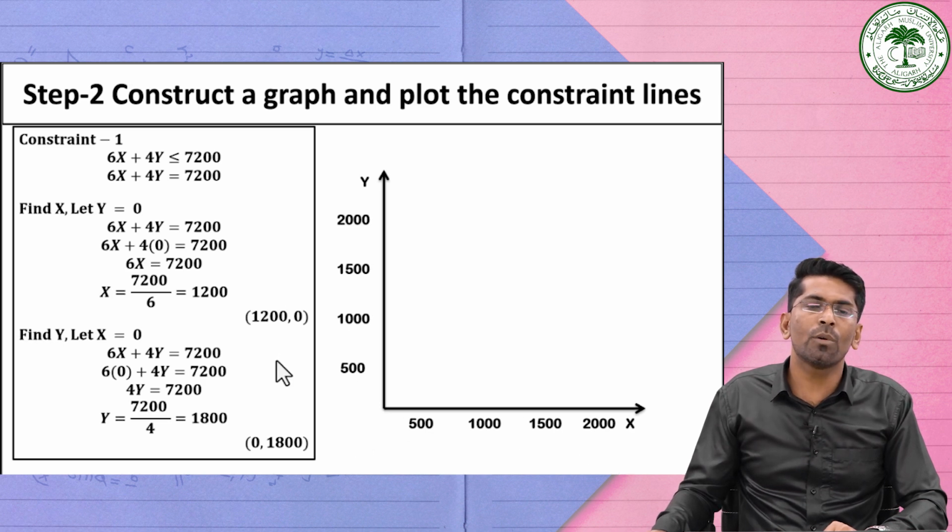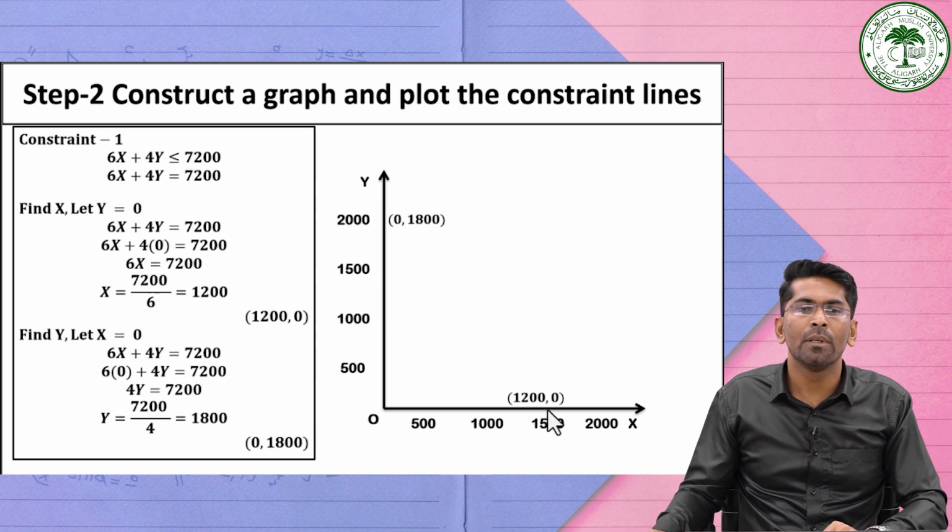Now by using these coordinate points, first we consider the point 1200 and 0. That means when y is equal to 0, our x will be at this particular point, 1200. It will be 1200 somewhere here. And similarly, when x is equal to 0, our value of y is equal to 1800. So somewhere here.